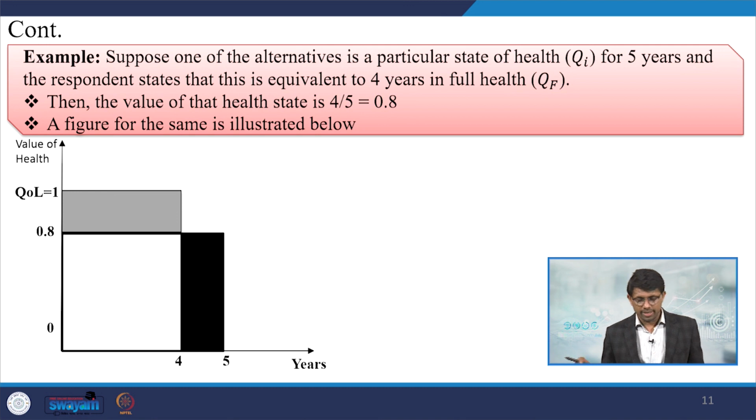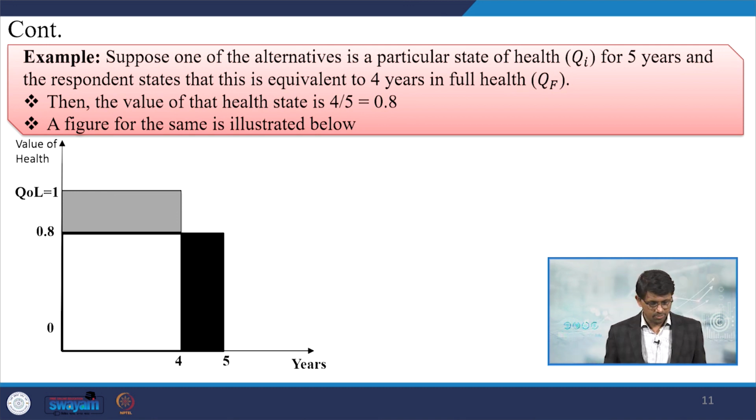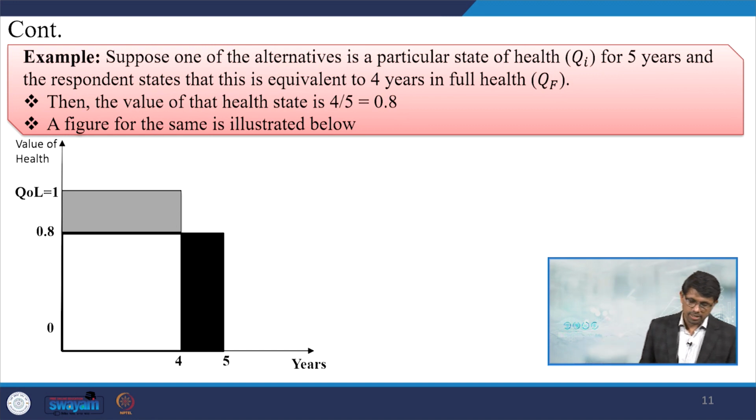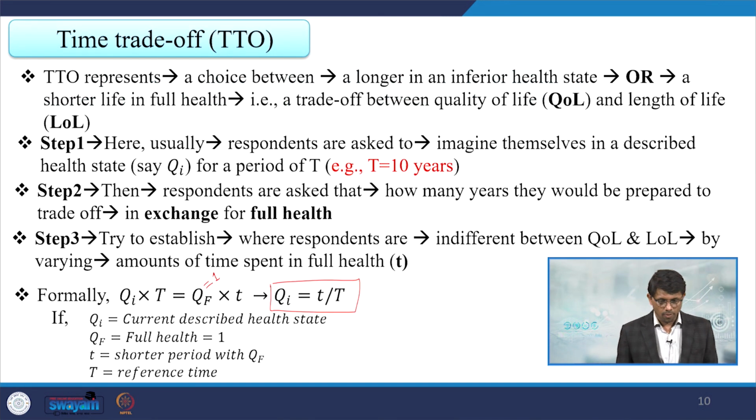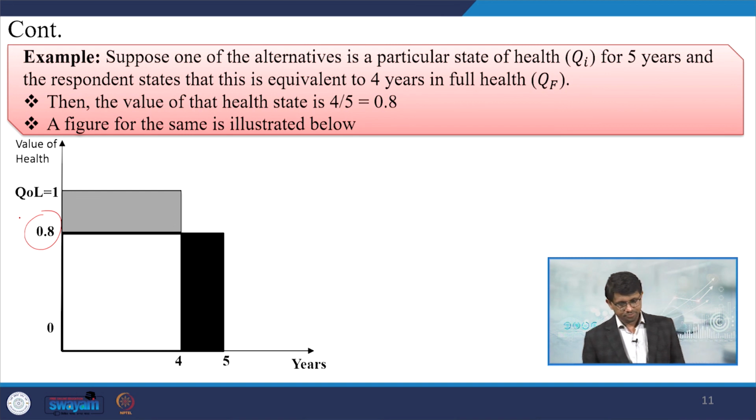QI in this case is 0.8. A figure for this is explained here. You can see the full QL and the full years are mentioned, and as per the estimate, the TTO is 0.8. So you can just mark it from here.